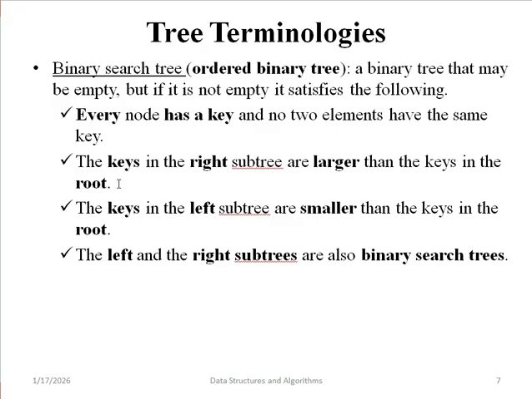So when we are assigning keys to the nodes of the tree, we should assign keys larger than the root to the nodes on the right side, and keys less than the root to the left subtree nodes.